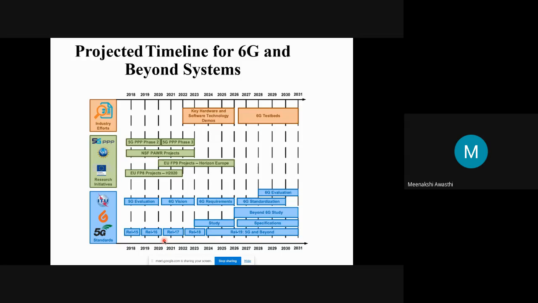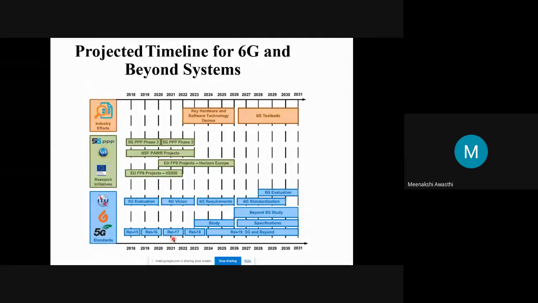So you can imagine that what we are discussing is a future vision. By the end of 2020, we can expect the vision of 6G to start. In 2021, release 17 is expected, which will depict the 6G vision.